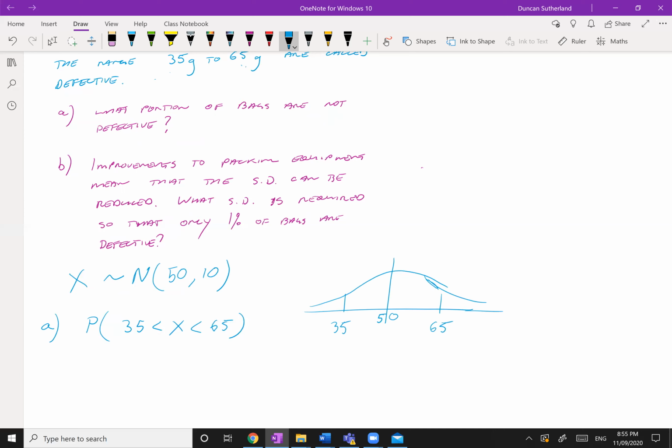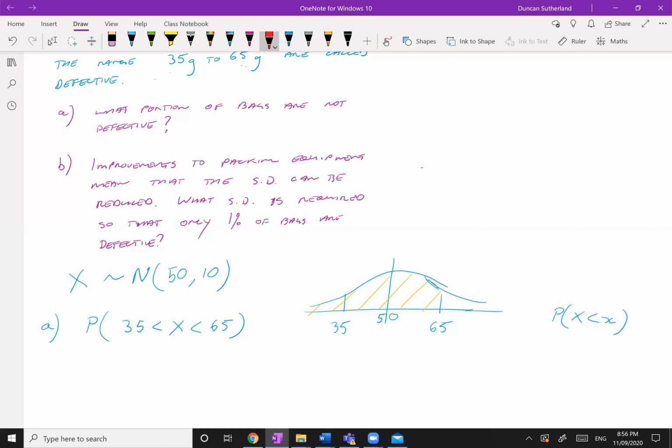We want to re-express this in terms of what's tabulated. So things that are tabulated are like this quantity here, right? So we want two less than inequalities. Right, so obviously we're happy with the 65 one, but we're not happy with this 35 one. So we can immediately compute the probability that X is less than 65, right?